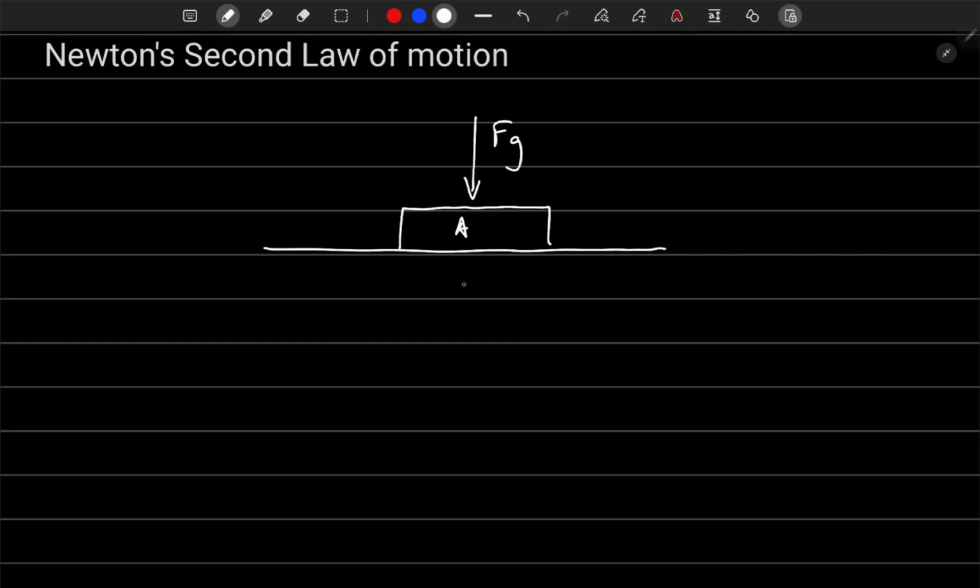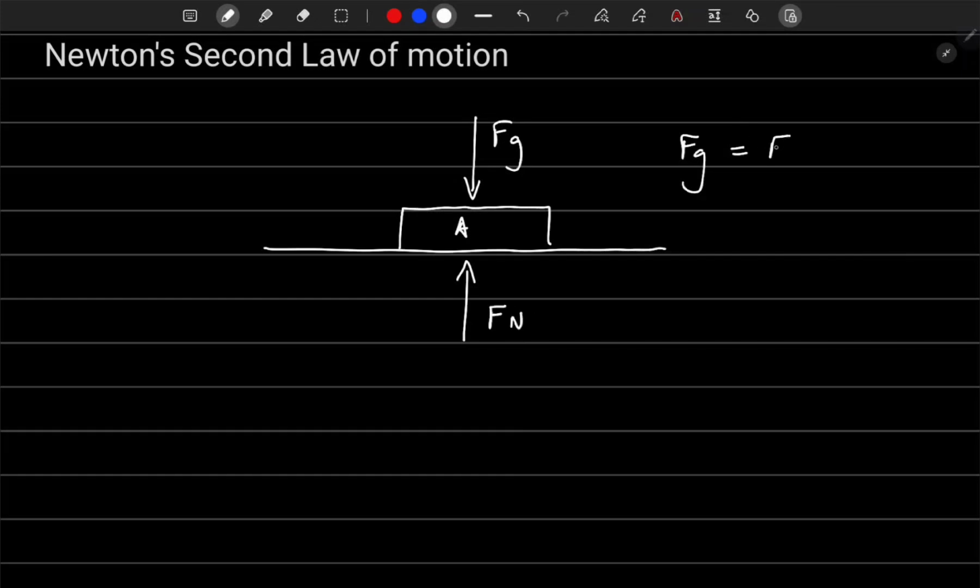This force balances out in such a way that it keeps this object not moving anywhere. If this object is not going anywhere, the force of gravity is equal to this upward facing force, and this is the normal force. We just call that F of n.